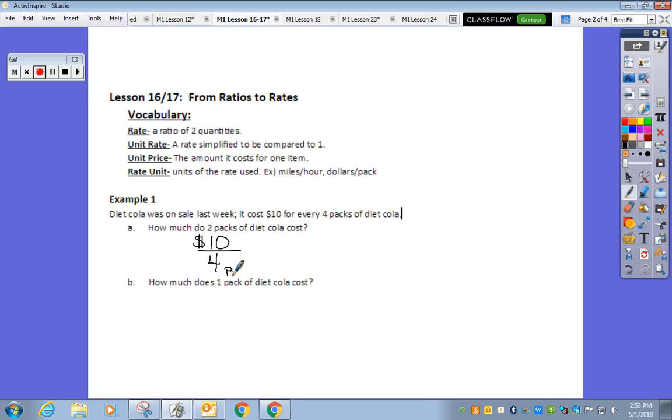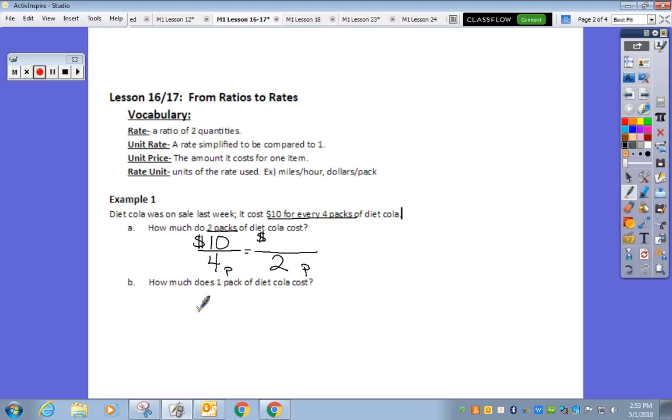Part A asks us, how much do 2 packs of Diet Cola cost? Since I have my money up top, I'm going to put my packs on the bottom and my money on the top. So money across from money, packs across from packs. We're using this rate from the problem itself. And then we're going to put 2 next to P for packs.